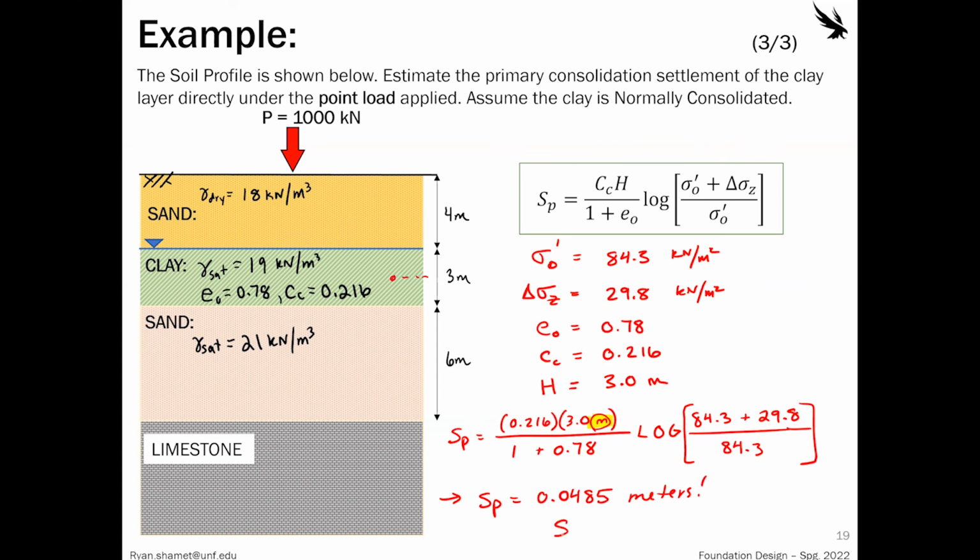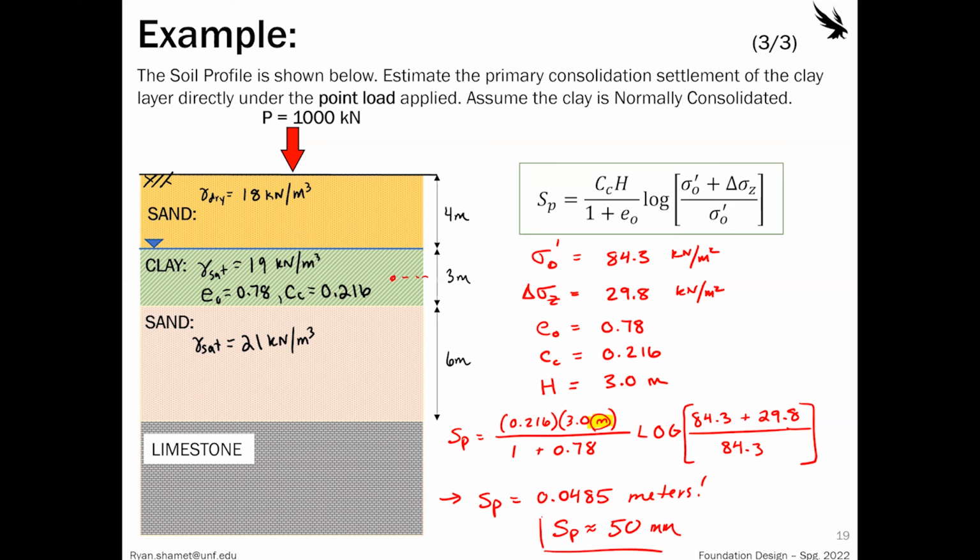We would never tell the contractor or the client, oh, you're going to get 0.04863432 meters of settlement. We'll just say, okay, this is about 50 millimeters of settlement you could expect here.